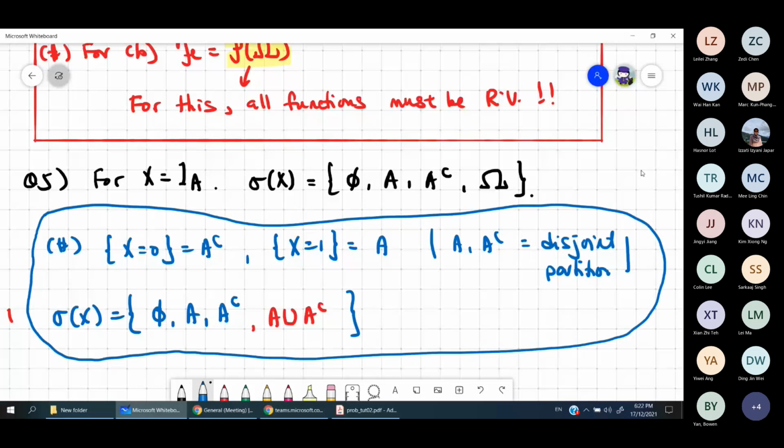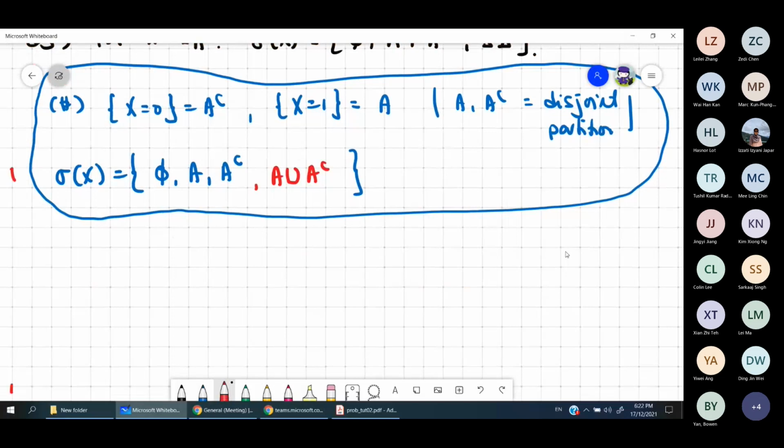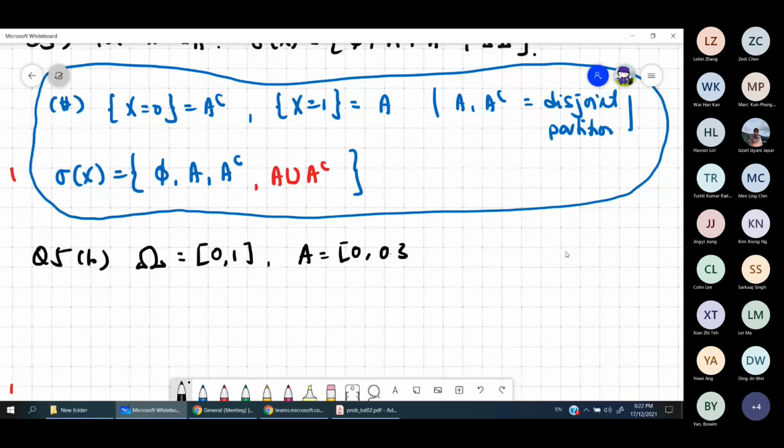So for the next question, it will be exactly the same. So maybe I can just put it over here for question 5B. What we can do is, to put the complete information, omega is the closed unit interval 0 to 1, and A is the set 0 to 0.3. So in this case, the complement of A must be 0.3 to 1.